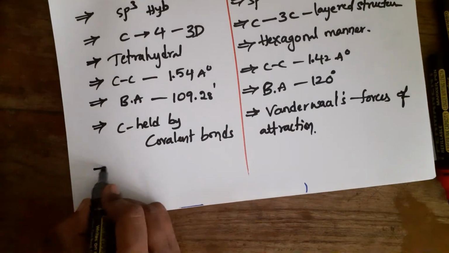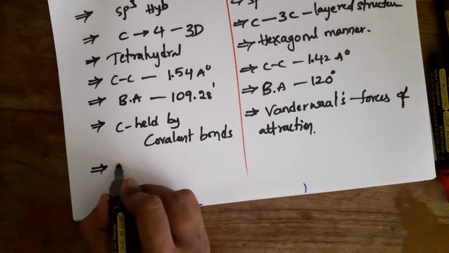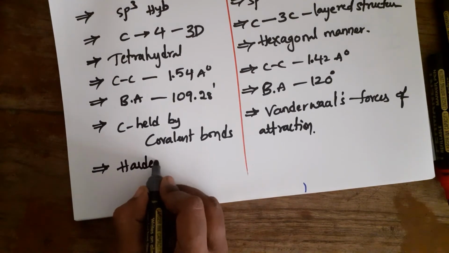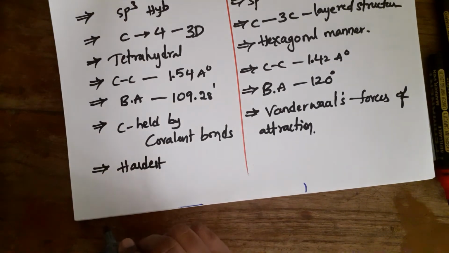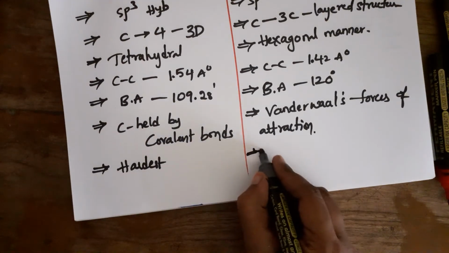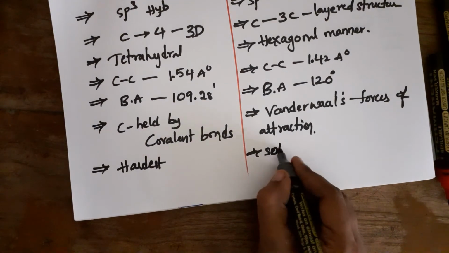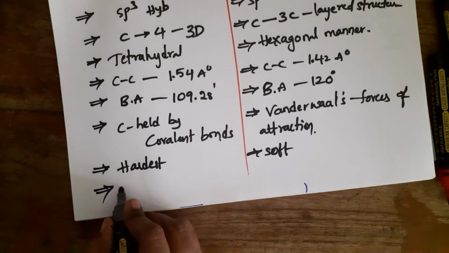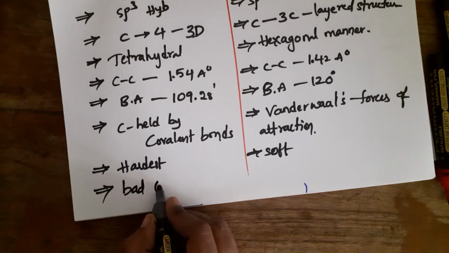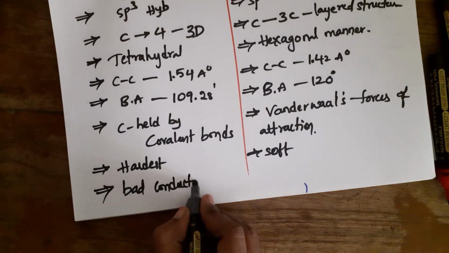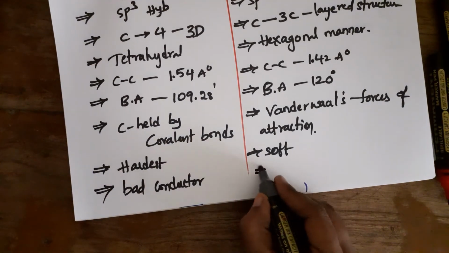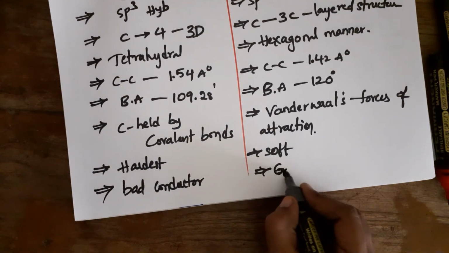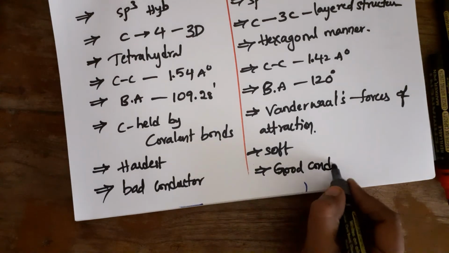Next, diamond is the hardest substance, and graphite is a very soft substance. Diamond is a bad conductor of electricity, but graphite is a good conductor.